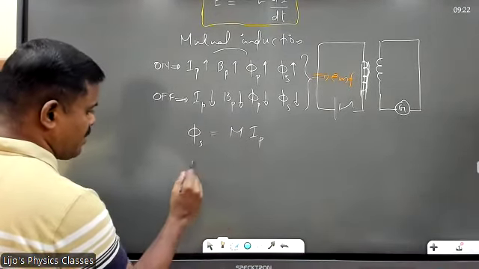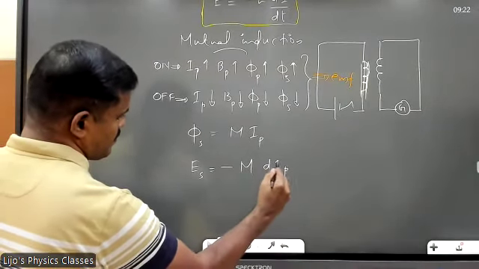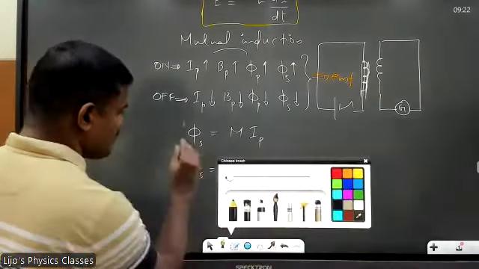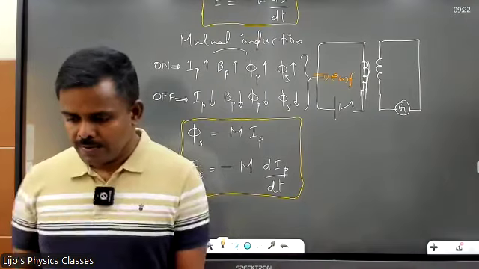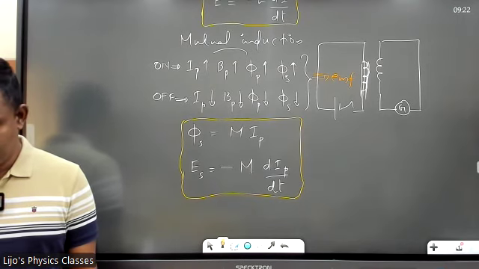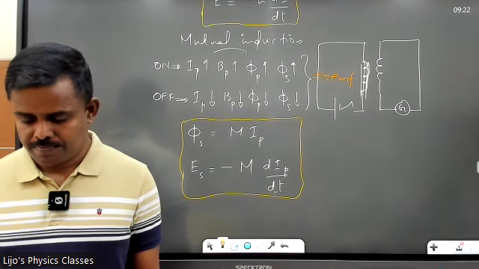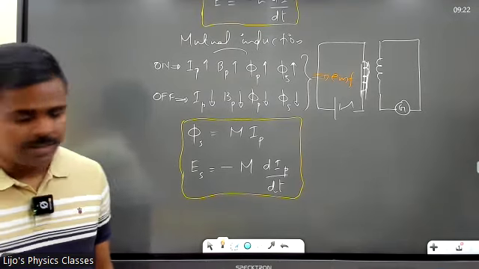Phi S is equal to M I P. Finished. dI P by dt.